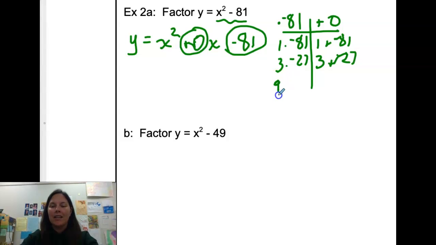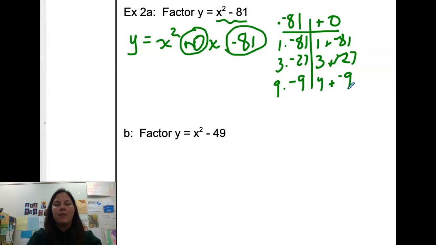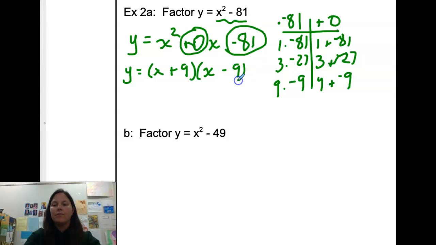So now we're on 9. 9 times negative 9. 9 plus negative 9 is 0. So we found those numbers that work. Factoring this, we get y equals x plus 9 times x minus 9.